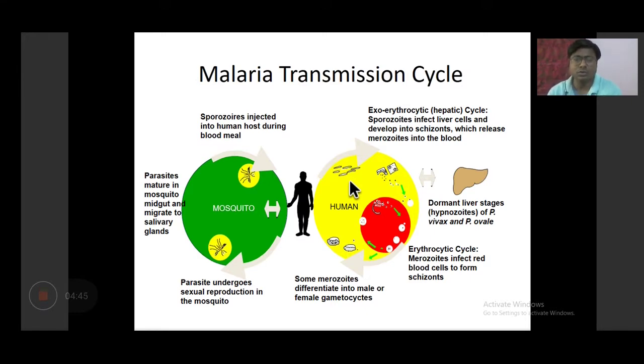Basically, the female Anopheles mosquito is the vector for malaria. Why female only, not male? Because mosquitoes are mainly frugivorous. They survive on fruits and plant fluids, not the humans or mammal secretion.